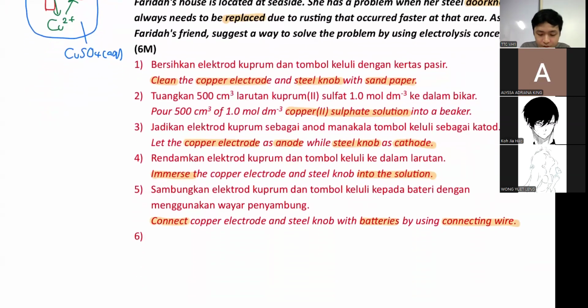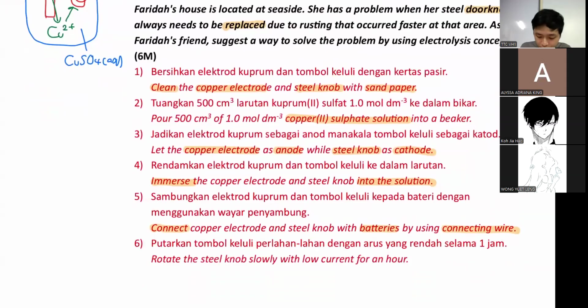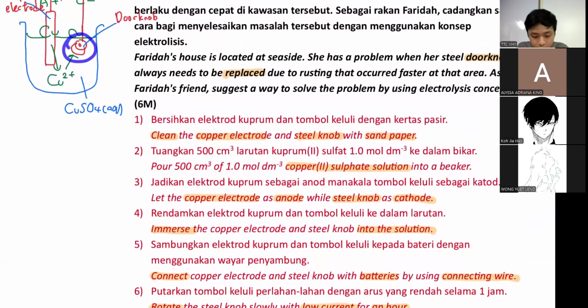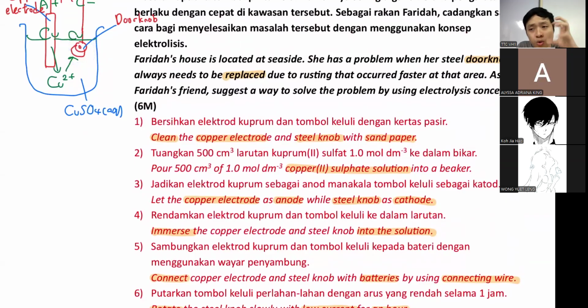And last, just leave it for one hour with low current, and you slowly rotate the steel knob.